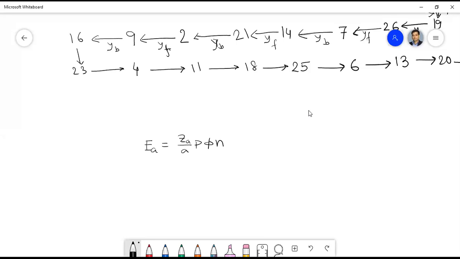So this gives the total induced voltage EA.